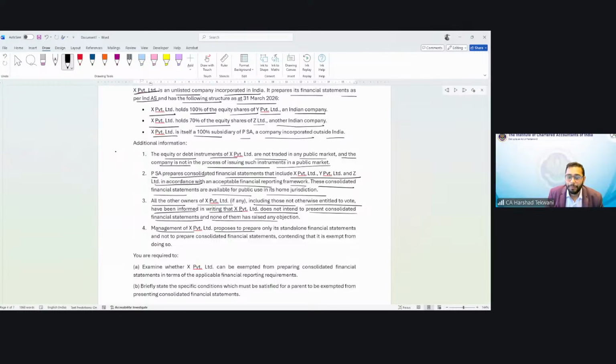Management of X has proposed to prepare only standalone financial statements and not to prepare CFS, contending that it is exempt from doing so. Examine whether X Private Limited can be exempted from preparing CFS in terms of the applicable financial reporting framework.